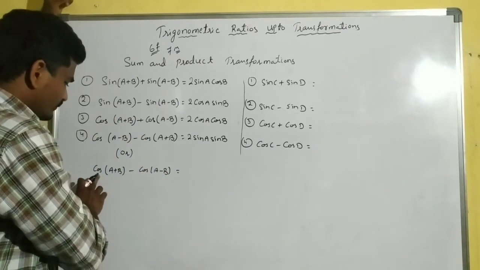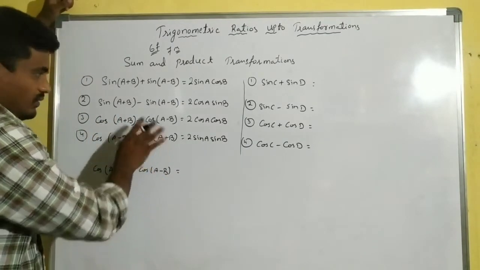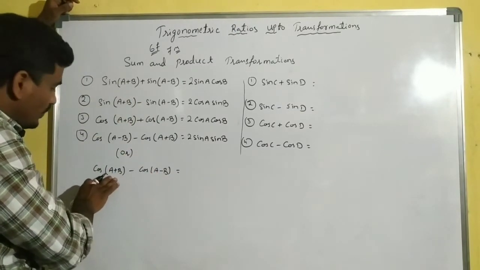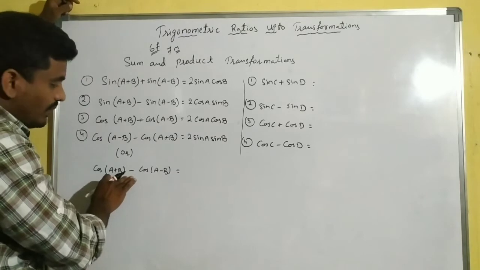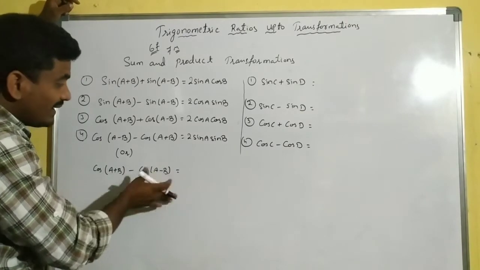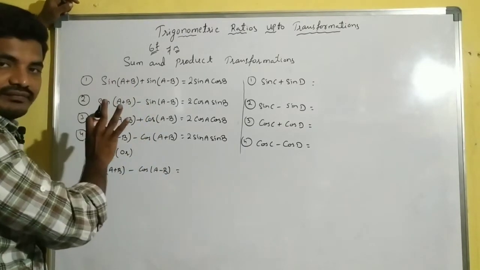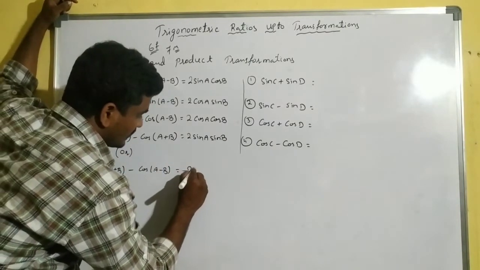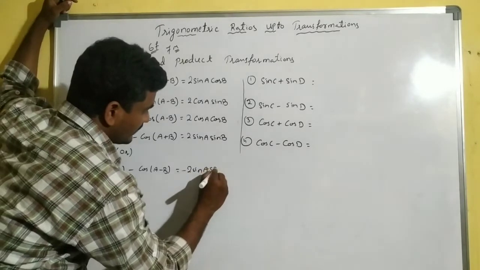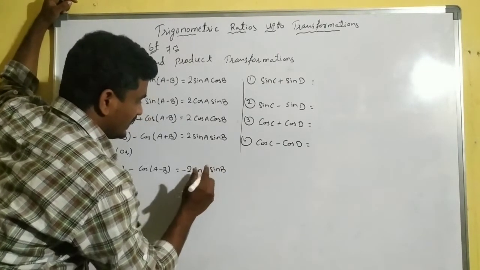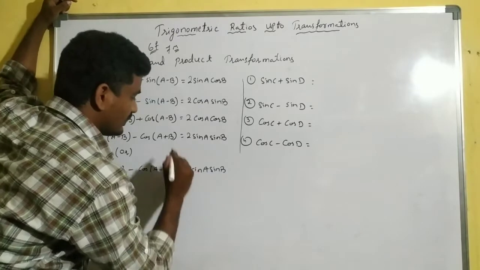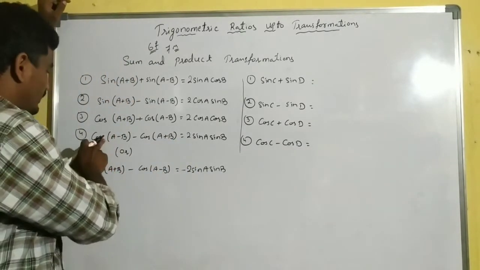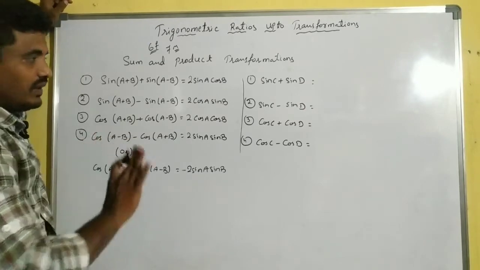And if I take cos of a plus b minus cos of a minus b, you get a minus 2 sin a sin b. You can remember any one of these, the first one or second one.